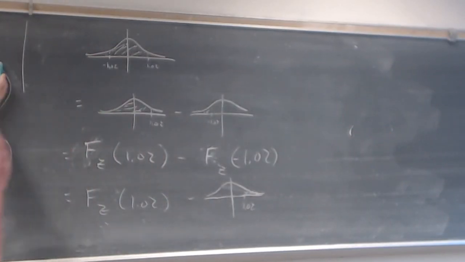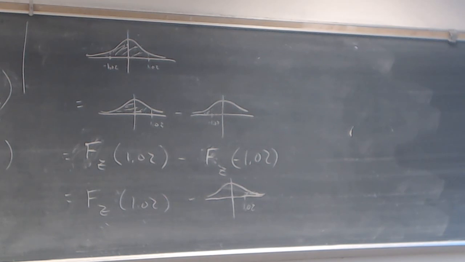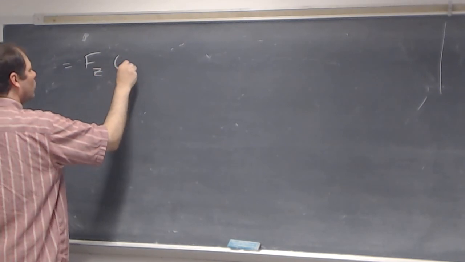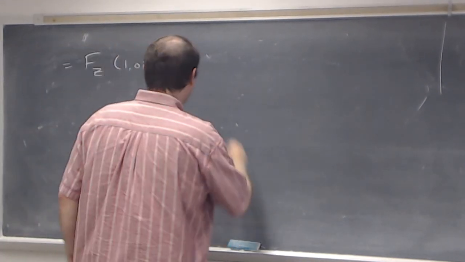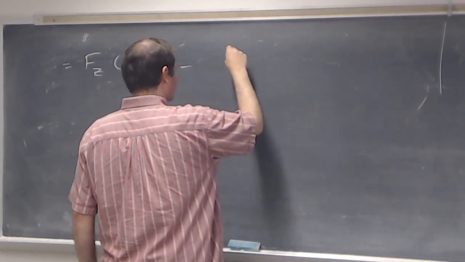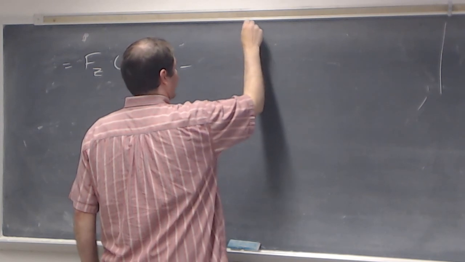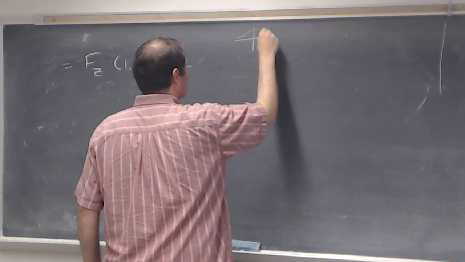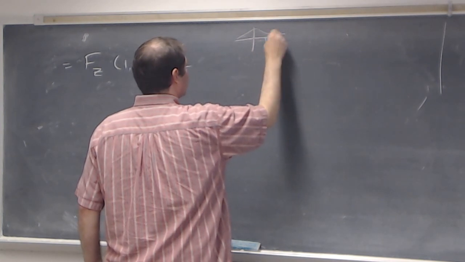Well, give it a few more minutes. We're almost done. That's equal to phi sub Z of 1.02 minus, well, the way I can rewrite this is I could say, hey, look, this picture that we want, this region right here, to the right of 1.02.